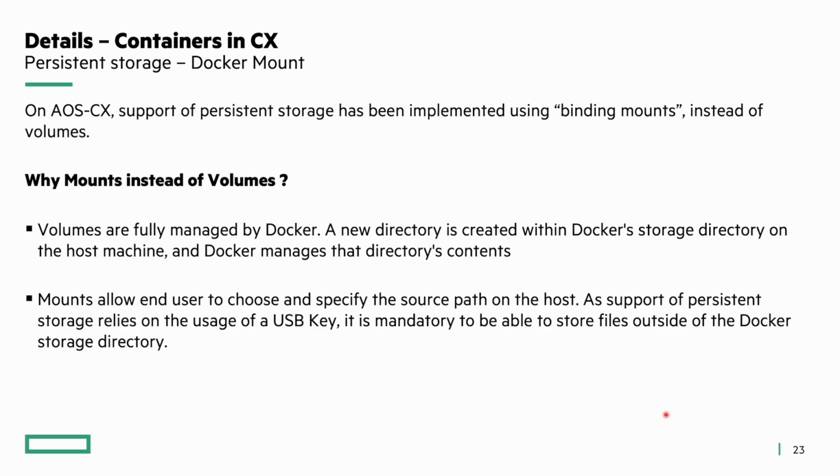In that case, a new directory is created within the Docker storage directory on the host machine, and Docker manages that directory's content. On the other side, mounts allow end users to choose and specify the source path on the host. As the support of persistent storage relies on the usage of a USB key, it is mandatory to be able to store files outside of the Docker storage directory.